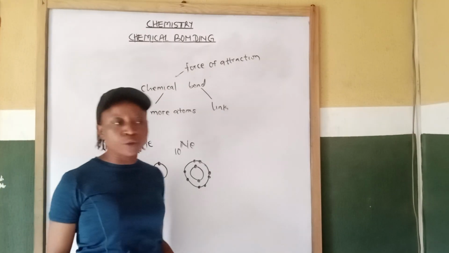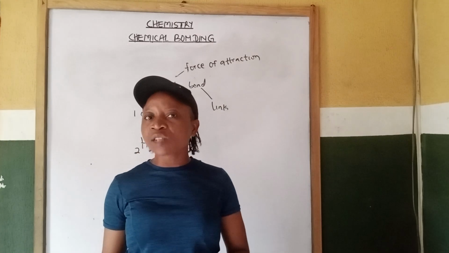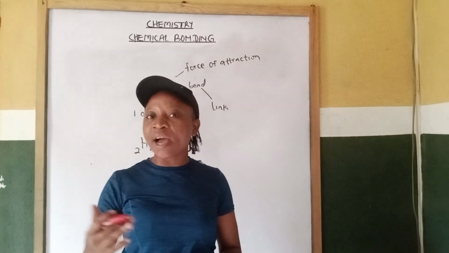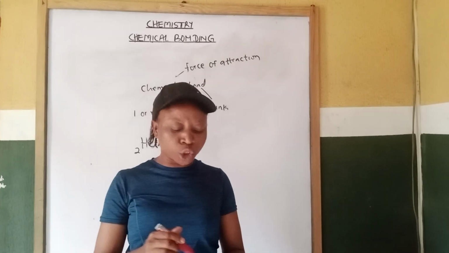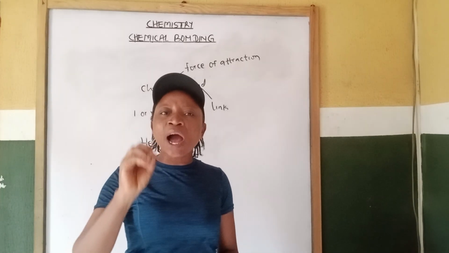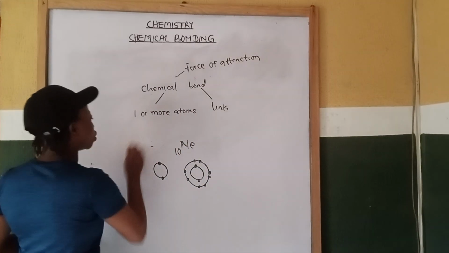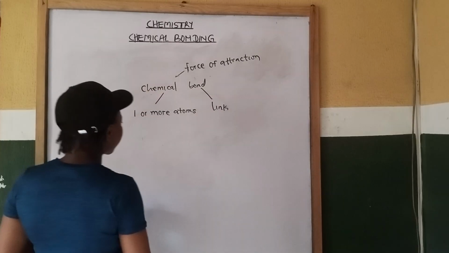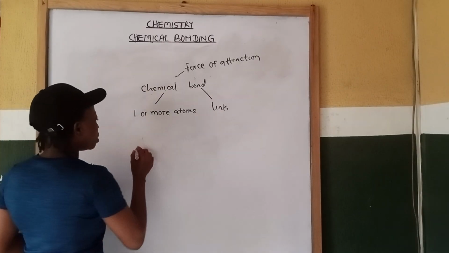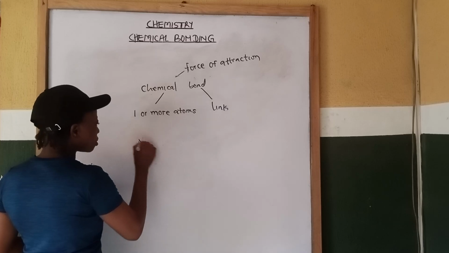Metallic atoms and non-metallic atoms can also acquire a noble gas structure. A metallic atom can acquire a noble gas structure by donating its valence electrons. Let's take for example magnesium, Mg.